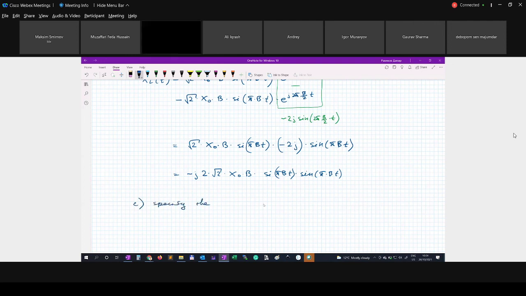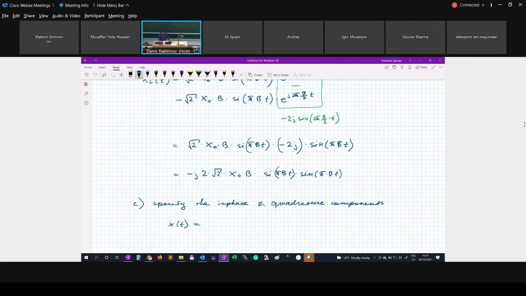We just say that the in-phase component, in our case, equals 0 because we don't have any real parts, and the quadrature component equals everything that comes together with imaginary j.